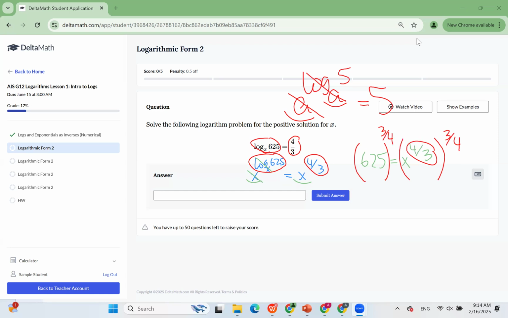And then we're going to multiply those two powers together. So the 4 cancels the 4, the 3 cancels the 3. So x equals 625 to the power of 3 over 4. And we can just use the calculator to figure this out. This is going to be 125.